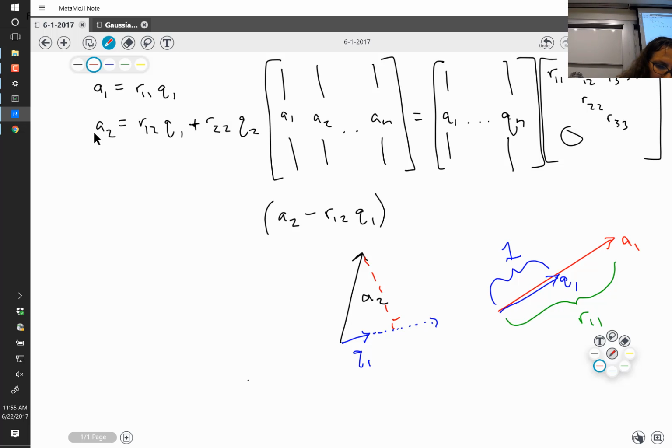These are perpendicular to each other. So the idea is we've projected A2 onto Q1, and we get that R12 is the scalar, since we might have to scale Q1 to be the appropriate length. And then now we're interested in this perpendicular piece that's left over. So this part in red.